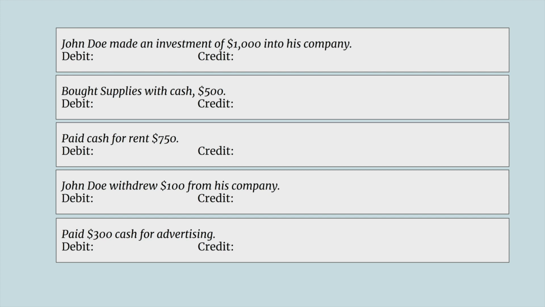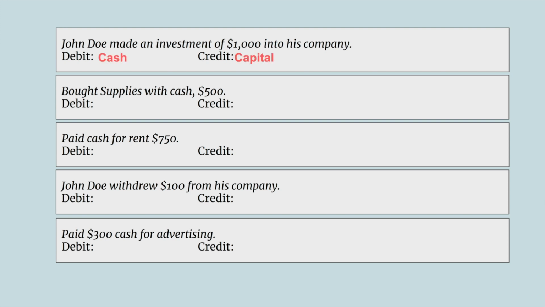Okay, so now let's practice some of these journal entries. These are really good to have on hand when you are taking your quiz, so you can try to compare and contrast some of these examples to what is given to you on the midterm. So the first example is John Doe made an investment of $1,000 into his company. So he is adding in $1,000 into the company.